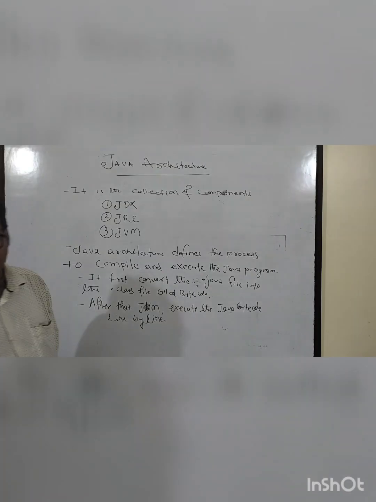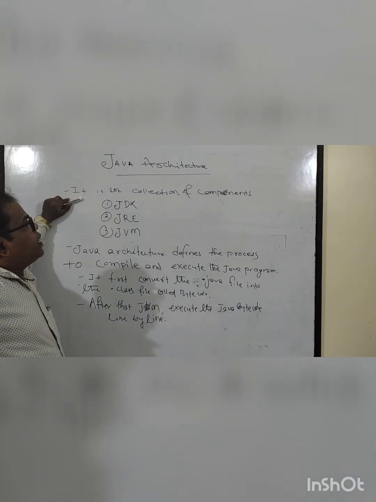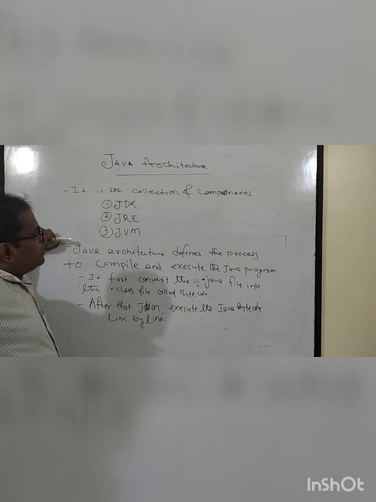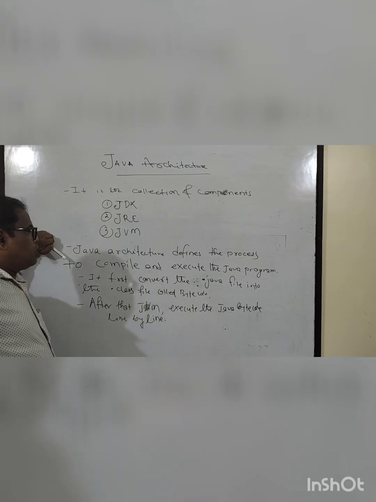This is the role of the JVM. Again, I repeat, it is a collection of components JDK, JRE, JVM, and Java architecture defines the process to compile and execute the Java program.